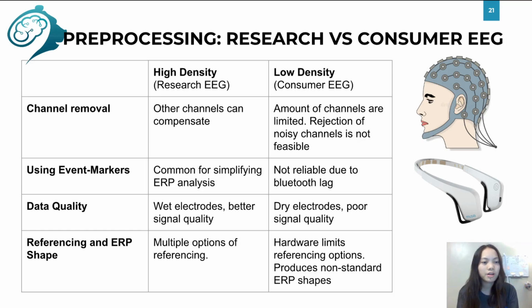These hardware limitations can lead to the shape of well-studied ERPs being different. So this does not necessarily alter the quantification of an ERP detected, so the analysis can still be successful. This occurs because the referencing isn't done with channels that are farther away, so the signal characteristics that stand out would be different and can lead to non-standard ERP shapes.